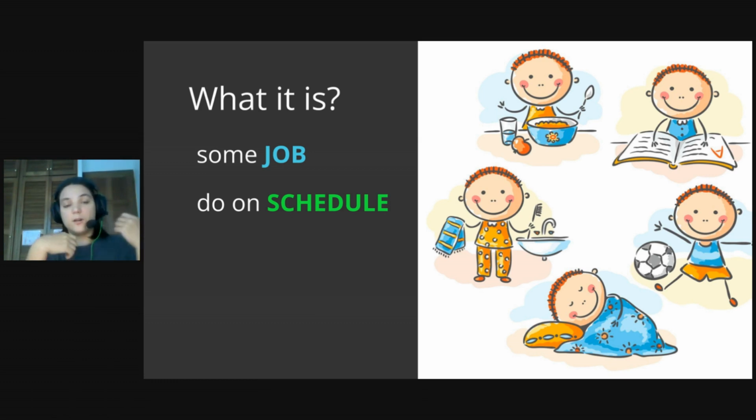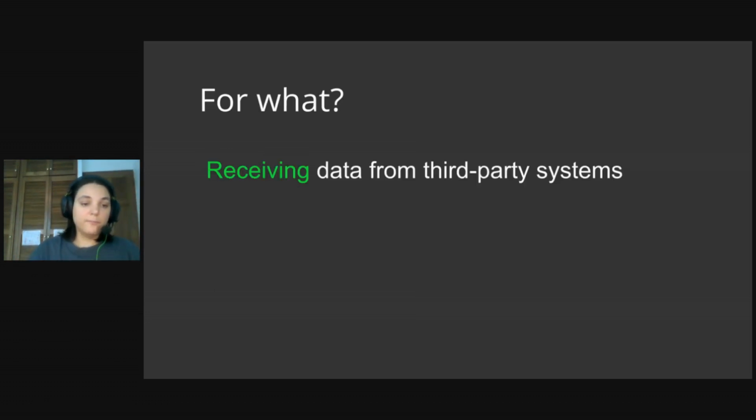So a scheduled task is the same. It's some job, and in the future I will talk about what jobs can be, which should start and be done on schedule. Easy.